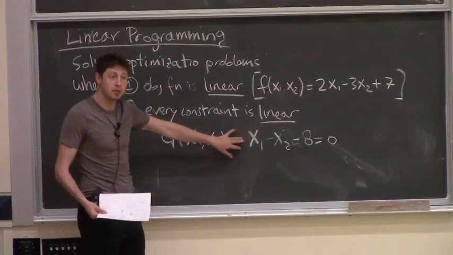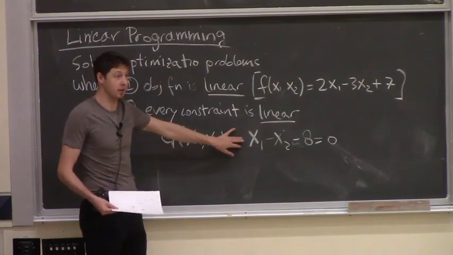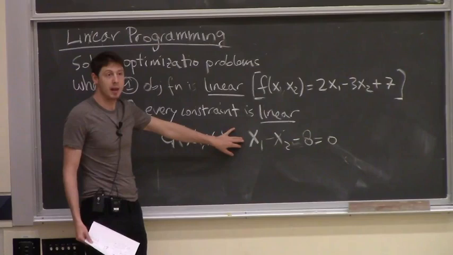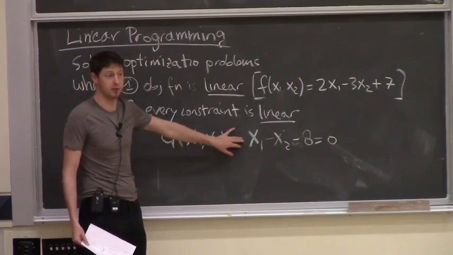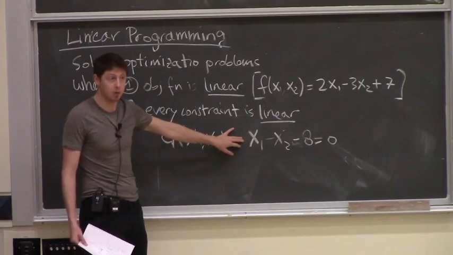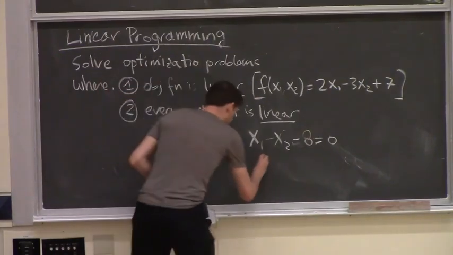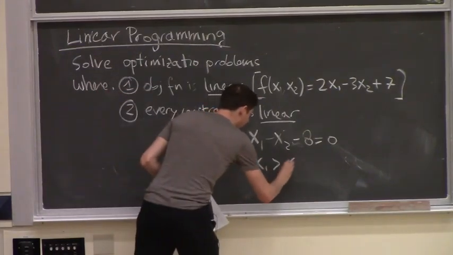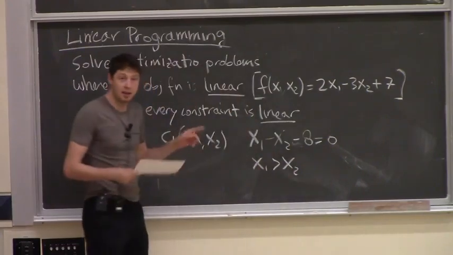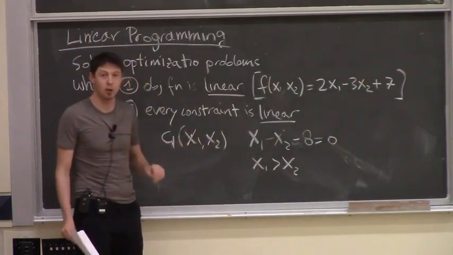Another constraint that we're going to be interested in is linear inequalities. Can somebody give me an example of a linear inequality? Great, so x1 greater than x2. This is definitely a linear inequality.